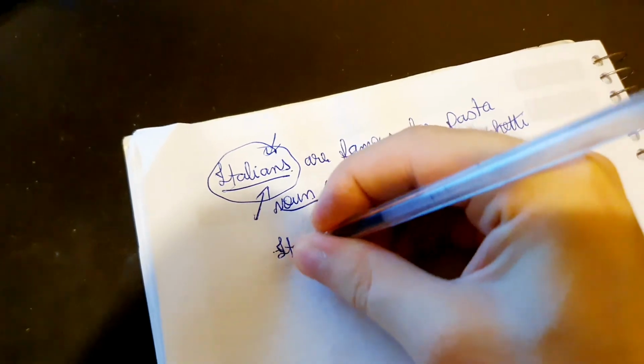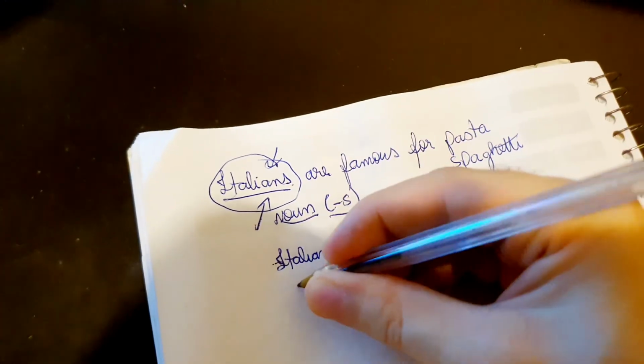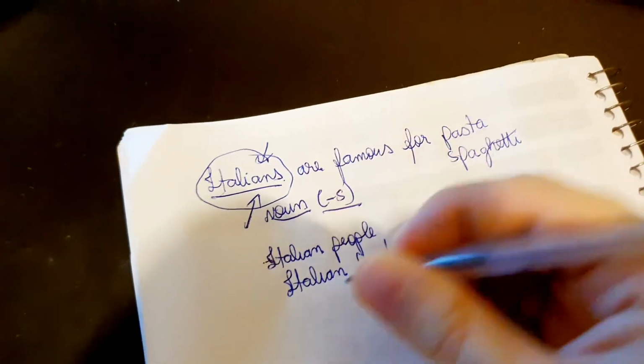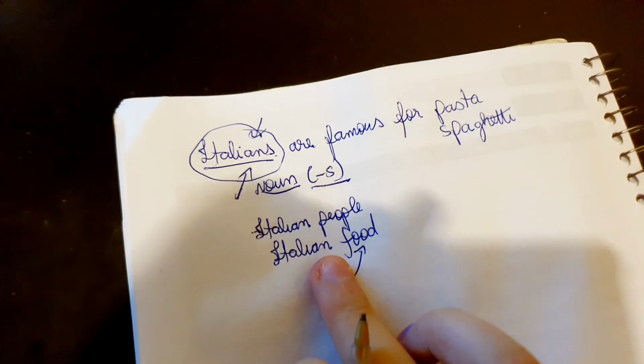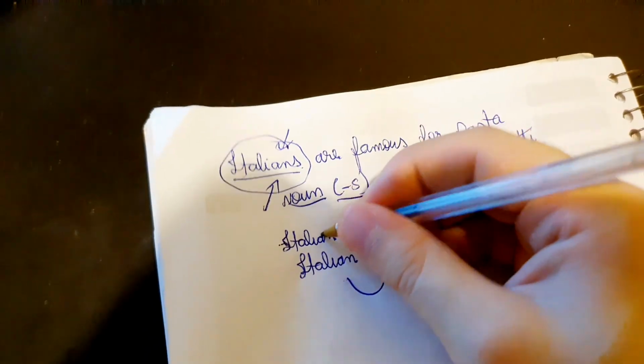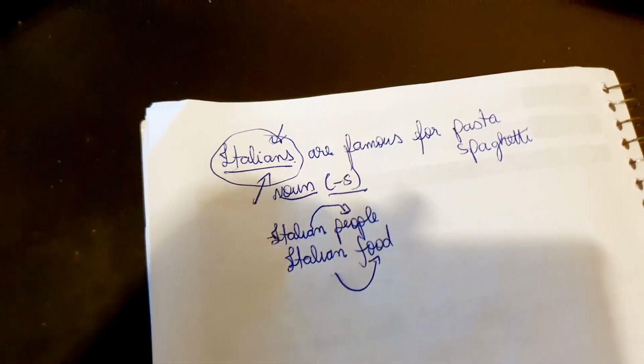When I say Italian people, Italian food. So here we have an adjective representing the nationality, right? Where the food comes from, where the people come from, okay?